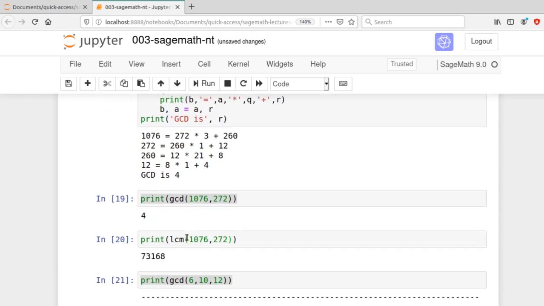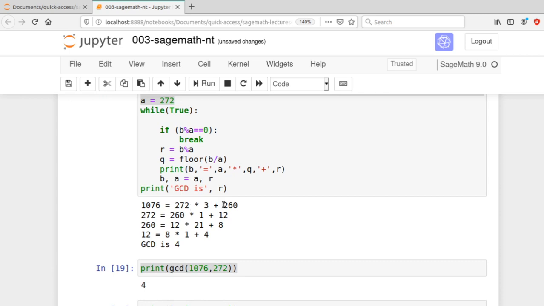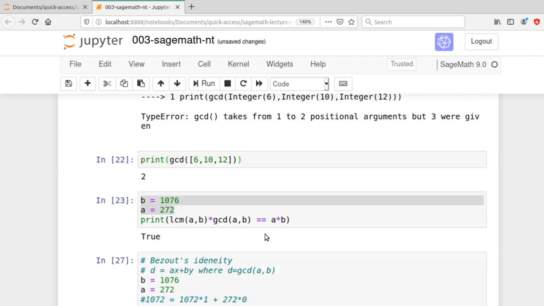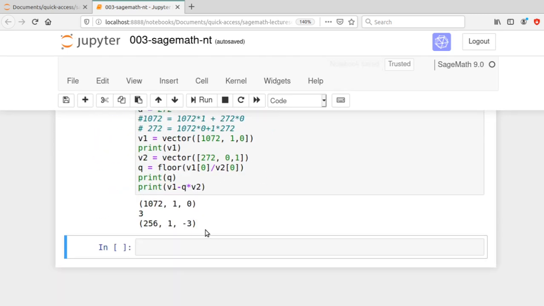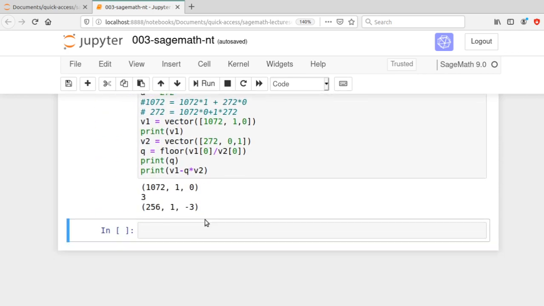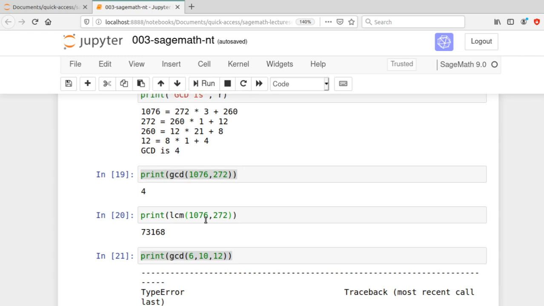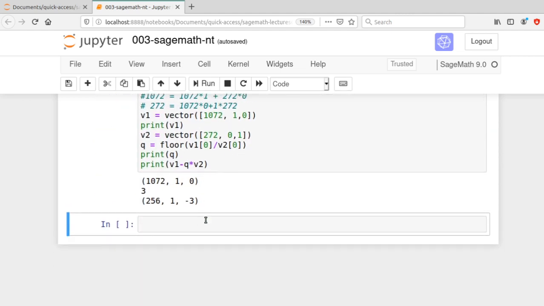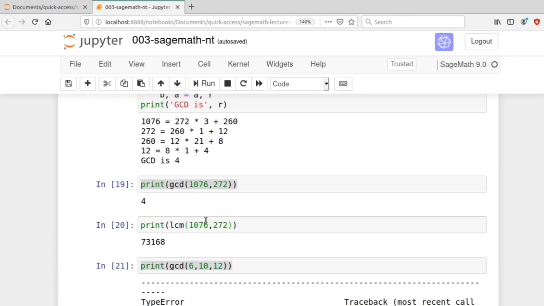See that 256, 76, 270. 260 is the remainder.